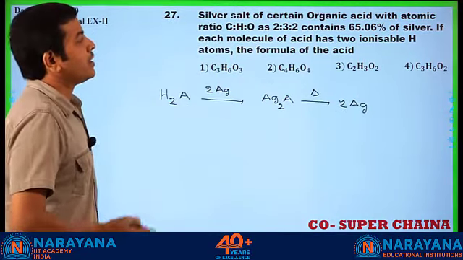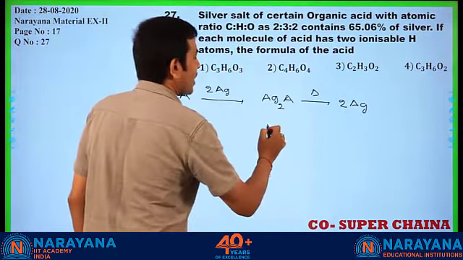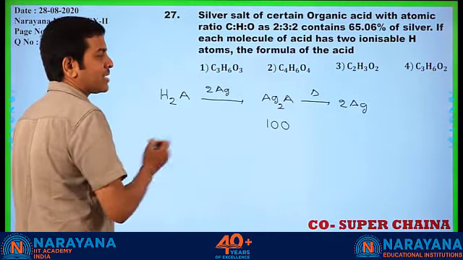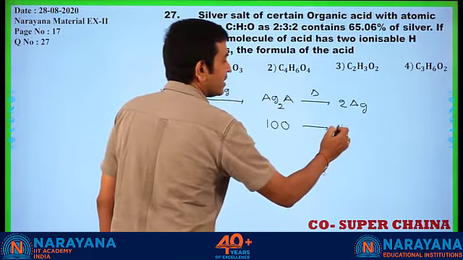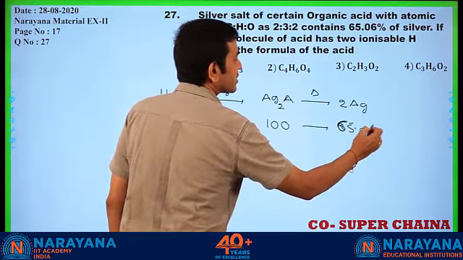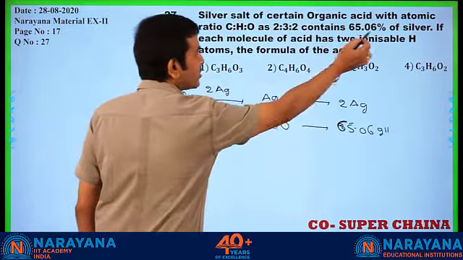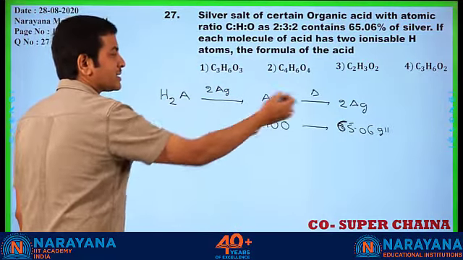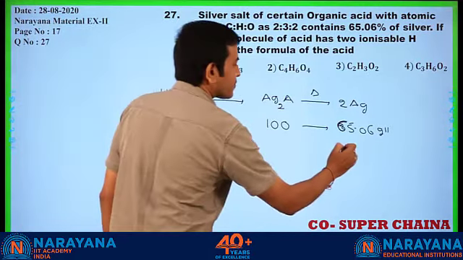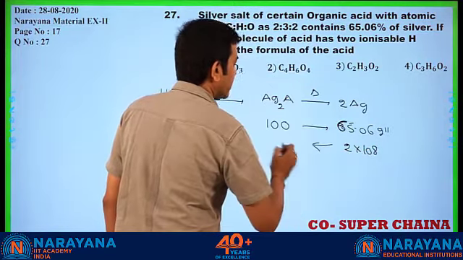65.06% of silver is given, means 100 grams of the silver salt of the carboxylic acid on decomposition deposits 65.06 grams of silver. Now 2 moles of Ag means 2 into 108 grams.